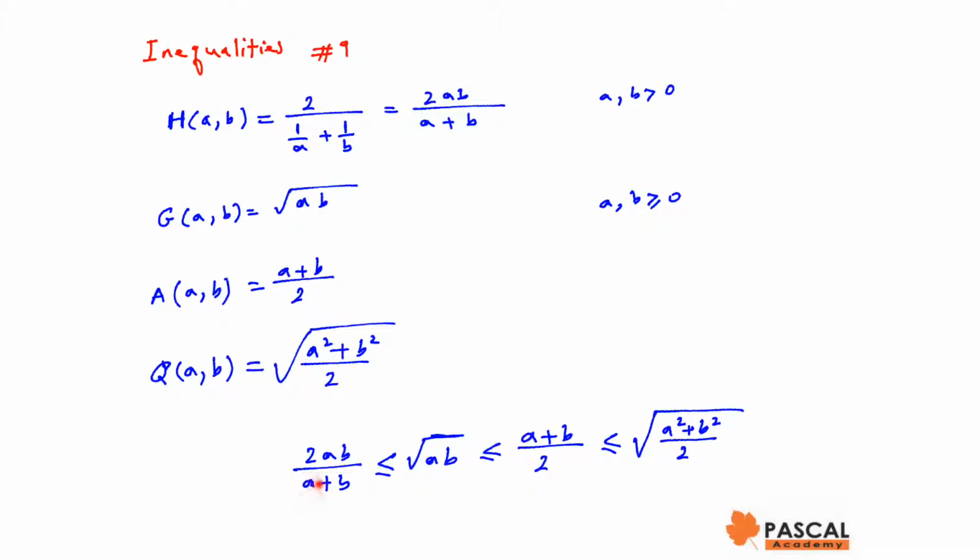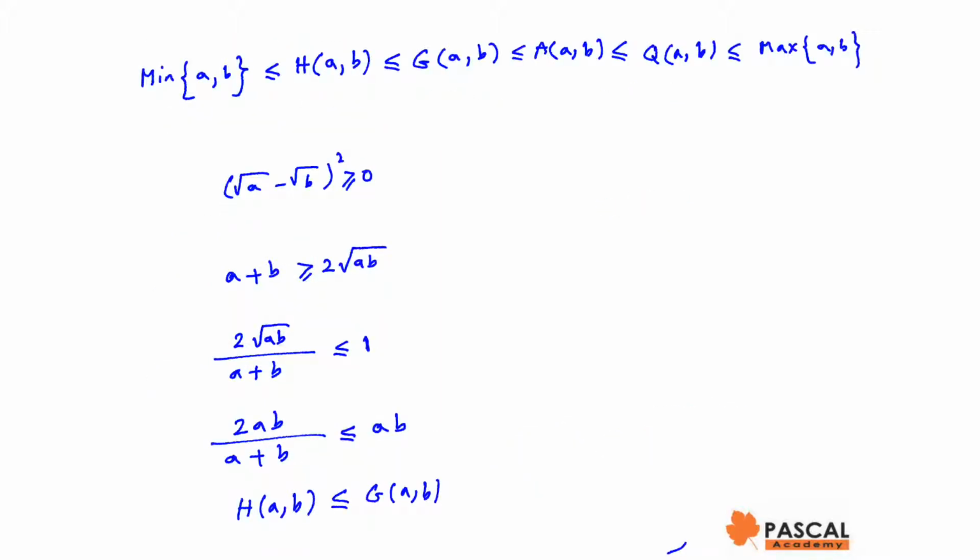The relationship between different means is: harmonic mean is smaller or equal than geometric mean, it is smaller or equal than the arithmetic mean, it is smaller or equal than the quadratic mean, and quadratic mean is smaller or equal than the maximum of two numbers, and harmonic mean is greater or equal than the minimum of two numbers.